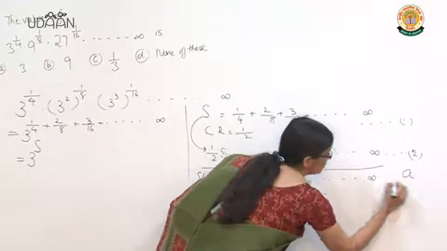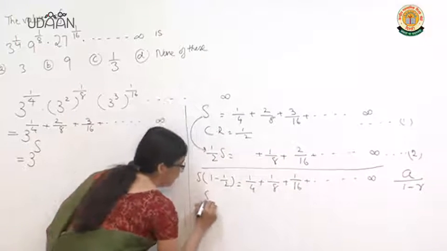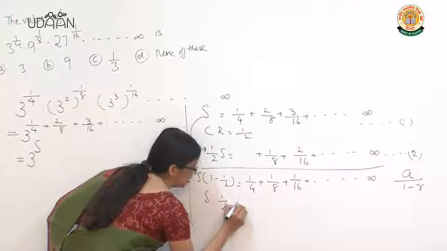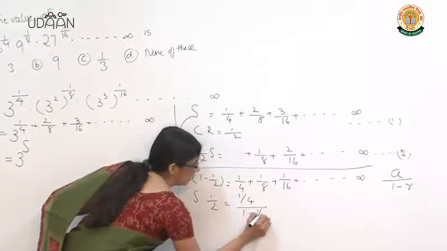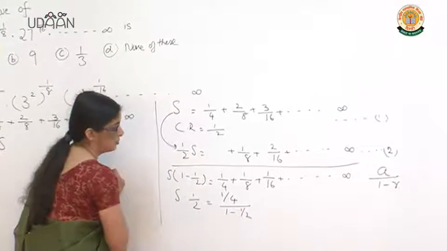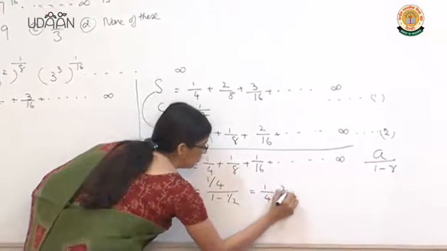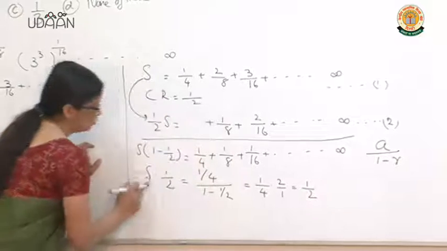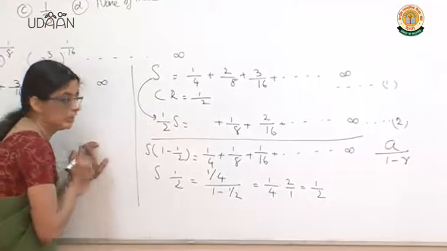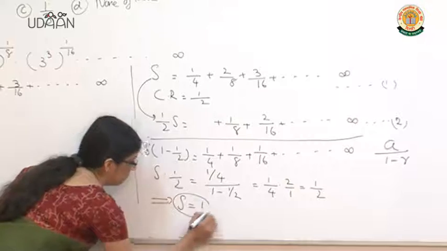Do you remember the formula? A by 1 minus r. Apply the formula: S into 1/2 equals A, which is 1/4, divided by 1 minus the common ratio of the geometric progression, 1/2, which simplifies to 1/4 into 2/1, that is 1/2. So S into 1/2 equals 1/2. What does it give? S equals 1.